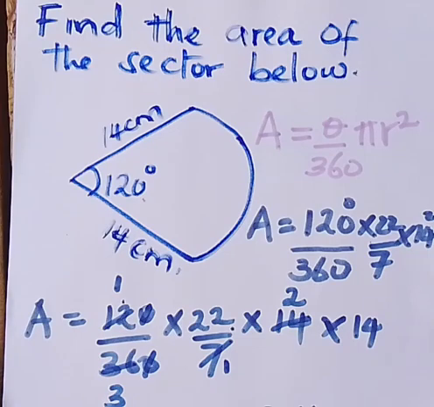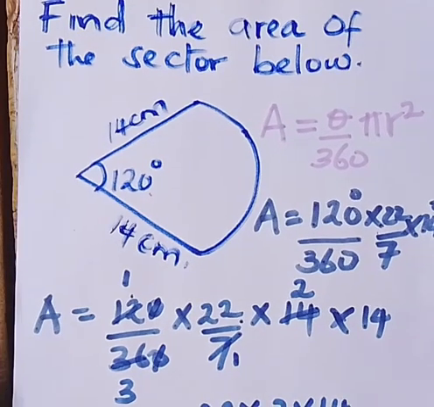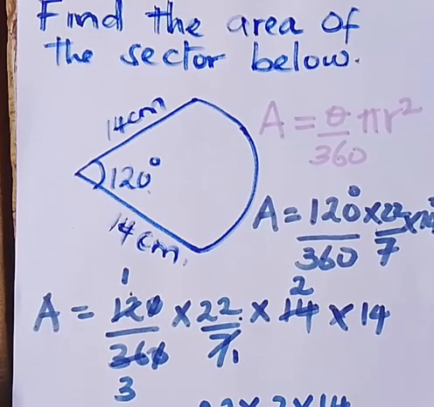Let's look at what we have done. We started with the sector, and we said the formula is theta over 360 times pi r squared.